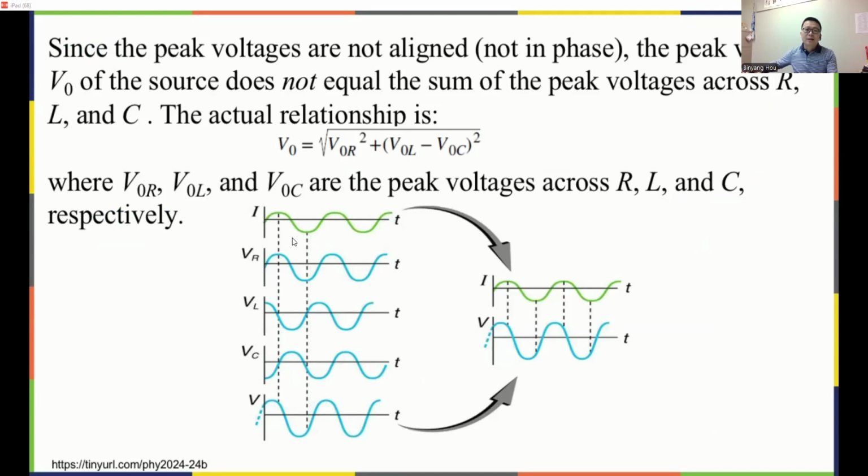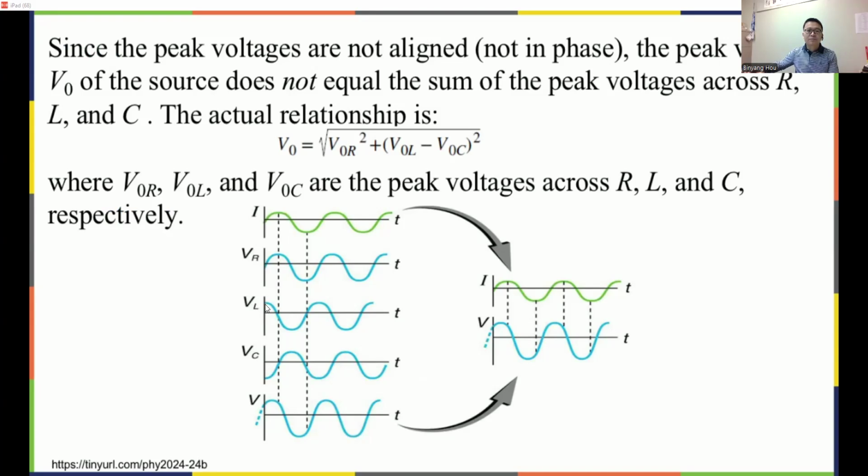So when we have the resistor, inductor, and capacitor all in the circuit, we know that for a resistor, the current and the voltage are always in phase. That means when current peaks on the resistor, voltage also peaks. Now, if we have an inductor, the inductor's voltage actually peaks before the current.